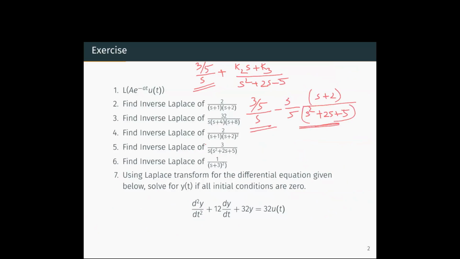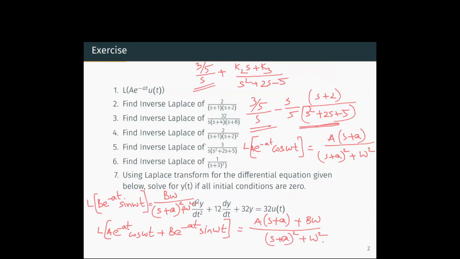Now the last term is shown to be the sum of Laplace transforms of exponentially damped sine and cosine. So the Laplace of e raised to minus at cos omega t would be s plus a by s plus a whole square plus omega square. Since Laplace of cos omega t is s by s square plus omega square, when we multiply by e raised to minus at, we have frequency shifting.